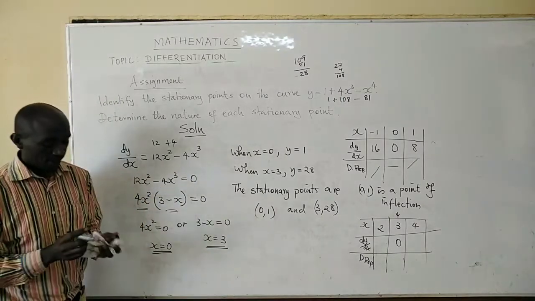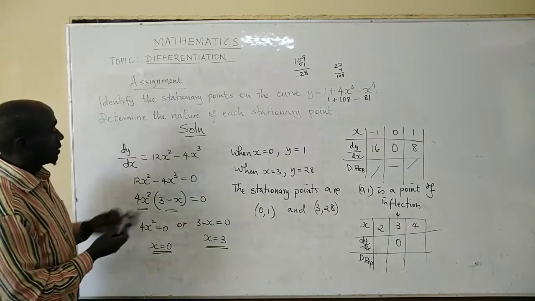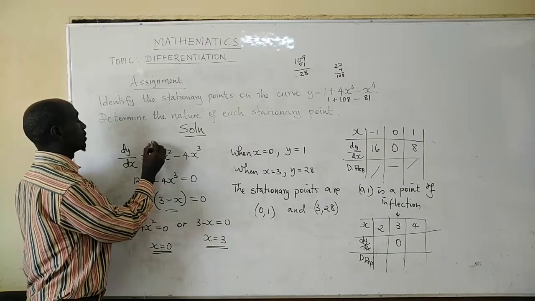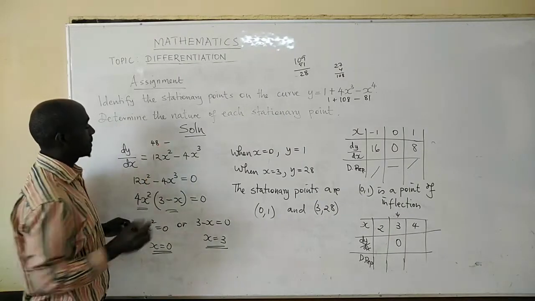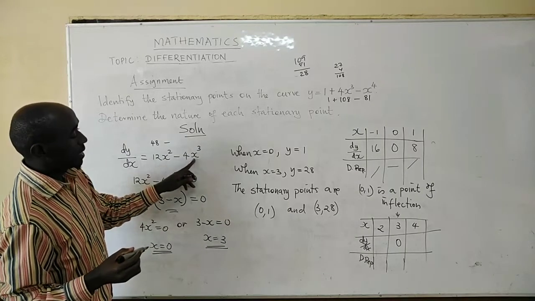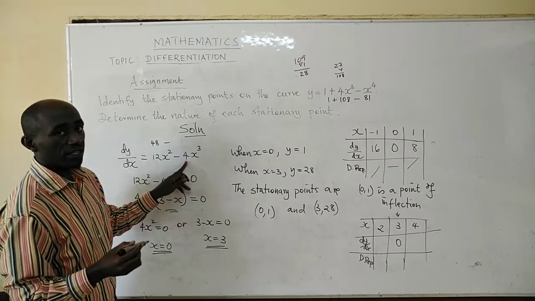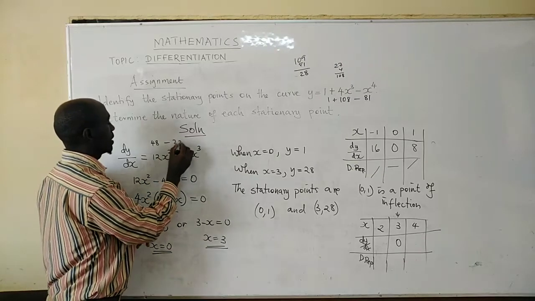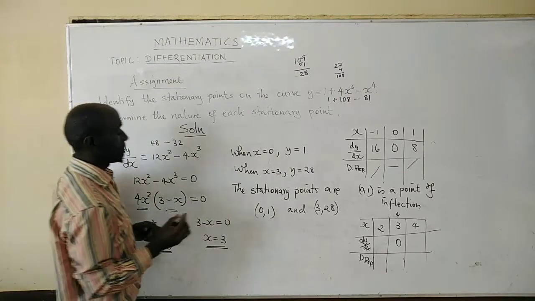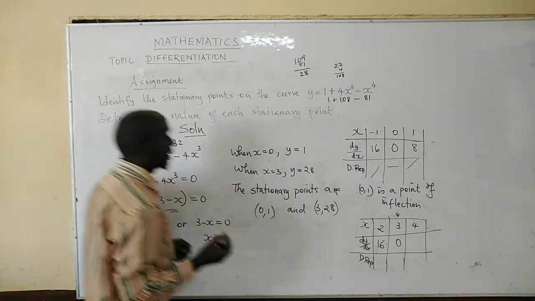You put 2 in place of x in dy dx, then you find out. So 2 squared will be 4, 4 times 12 is 48, minus 2 cubed is 8, 8 times 4 is 32, so 48 minus 32 is 16, positive 16.